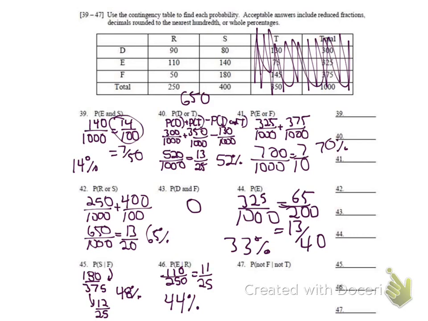Now out of those, we need to figure out how many of them are not F. Now not F would be here. So what we're looking at for the probability that it's not F given that it's not T is this total, 90, 80, 110, and 140 out of the 650. Now that comes out to be 420 over 650, which is 42 out of 65, which is 65%.